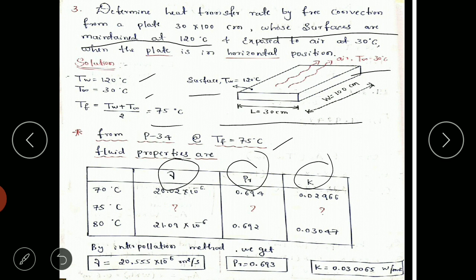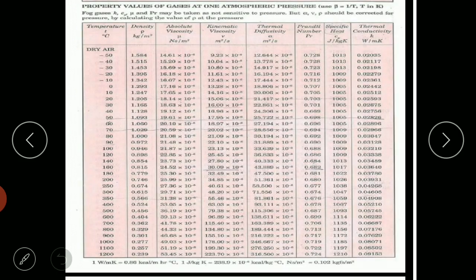As the temperature is 75 degrees Celsius, we can take the average between 70 degrees Celsius and 80 degrees Celsius, but it is better to do interpolation, or you can take the average method as it is exactly in the middle. But for 74 or 76 degrees Celsius, it is better to go for the interpolation method. For your understanding, I have taken a screenshot of the page.